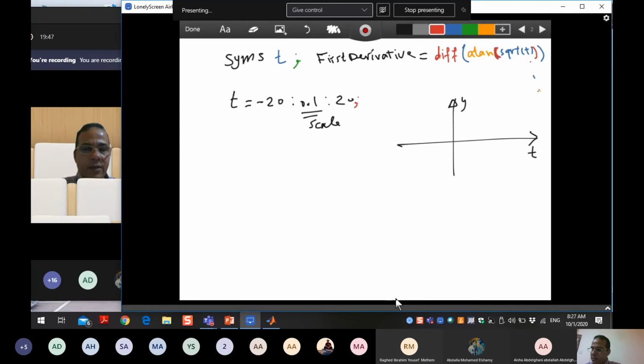Shall I define my function again? No need, because I have it in the result. Okay, so I can say plot what? T and y. Excellent, yes, because my independent variable is t.